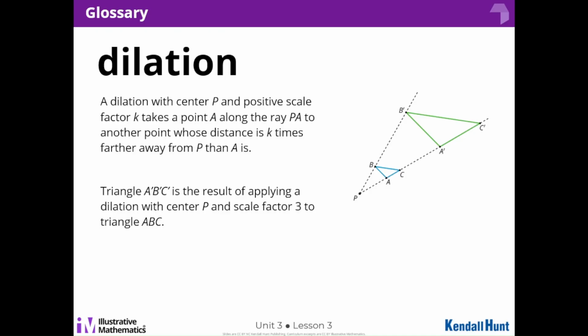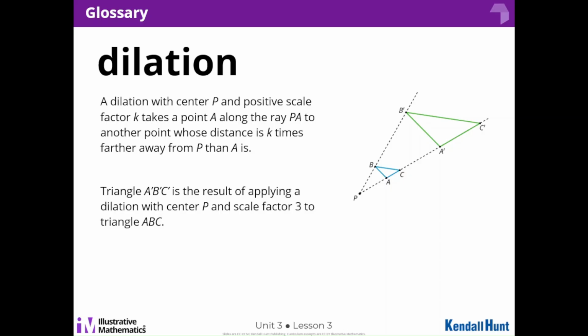For glossary terms, first we have dilation. A dilation with center P and positive scale factor k takes a point A along the ray PA to another point whose distance is k times farther away from P than A is.